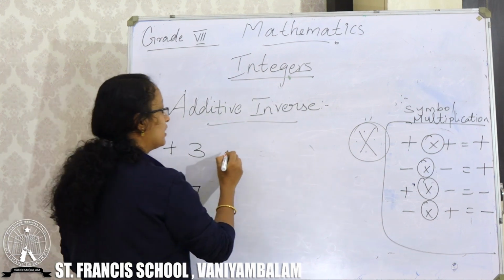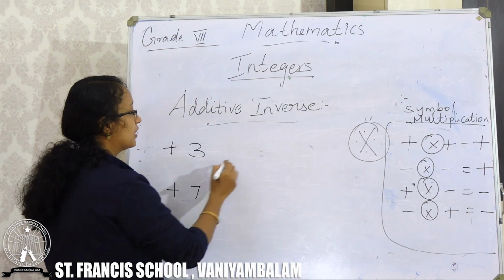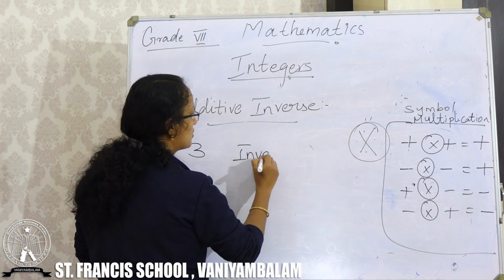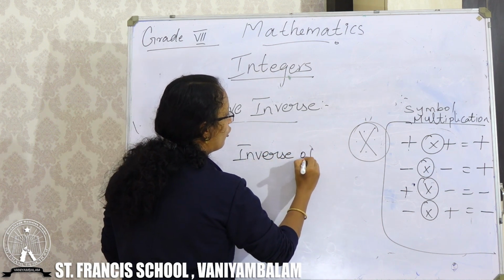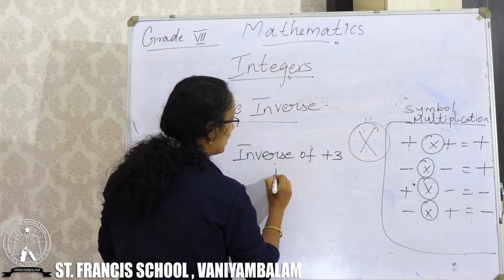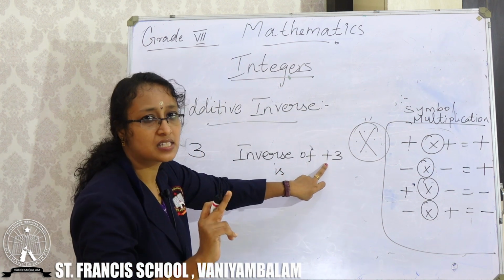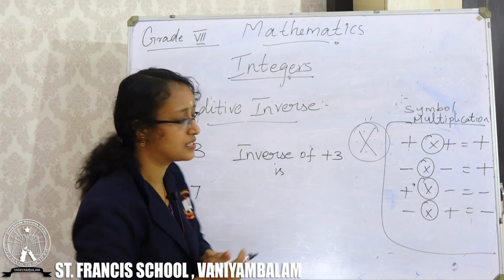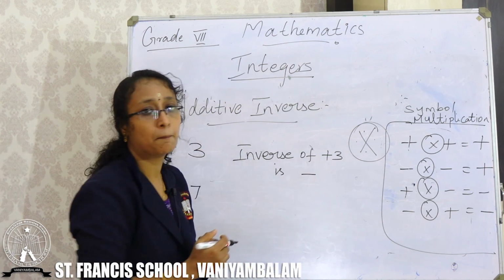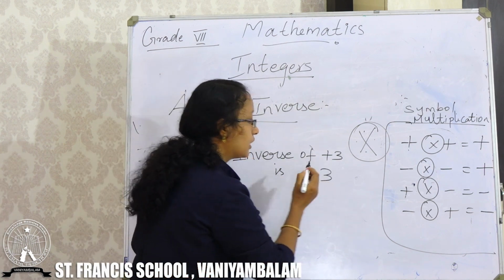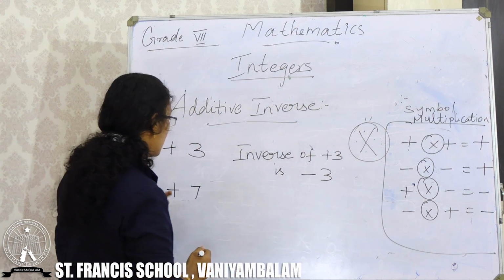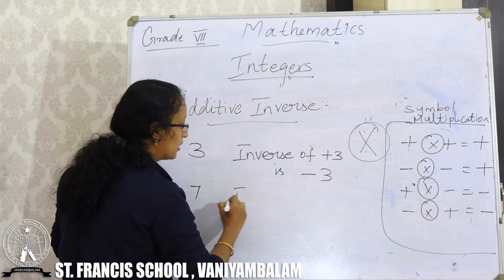Then what will be the inverse of plus 3? What is the sign here? Plus. So what is the opposite of plus? Subtraction, minus. So minus 3. Got it? Next, inverse of plus 7.